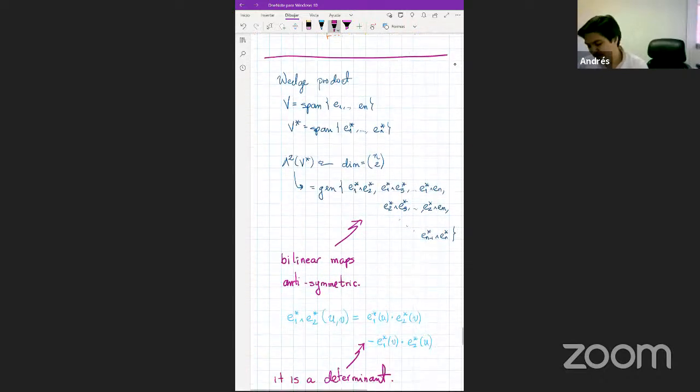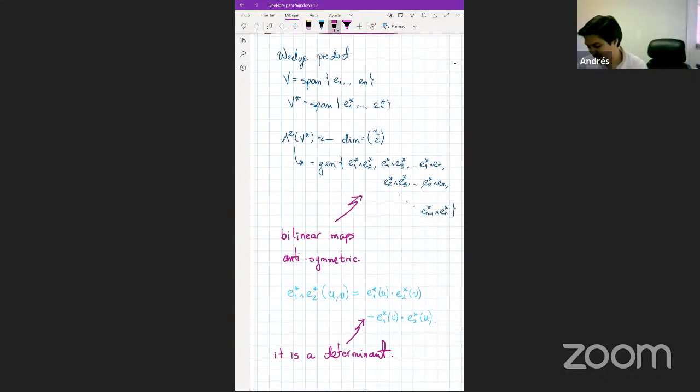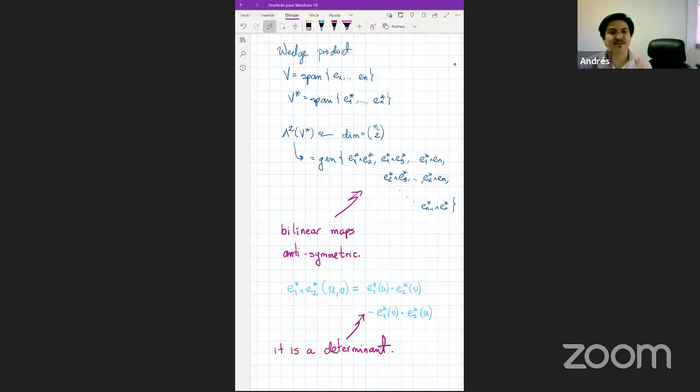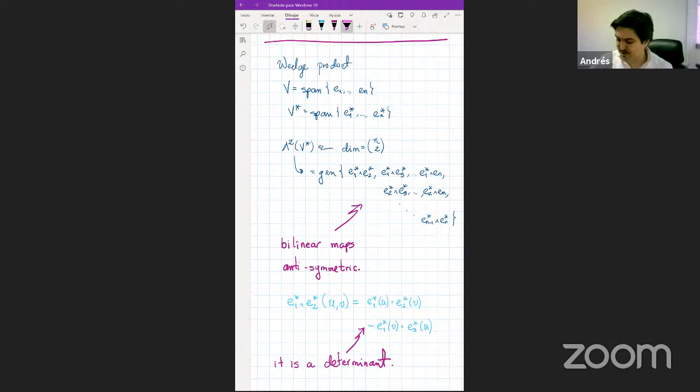And basically the wedge product, in some sense, the only k-linear maps that are anti-symmetric are determinants. So that's why you see that there's a determinant and all of that, but basically this pattern that you saw, it is here.